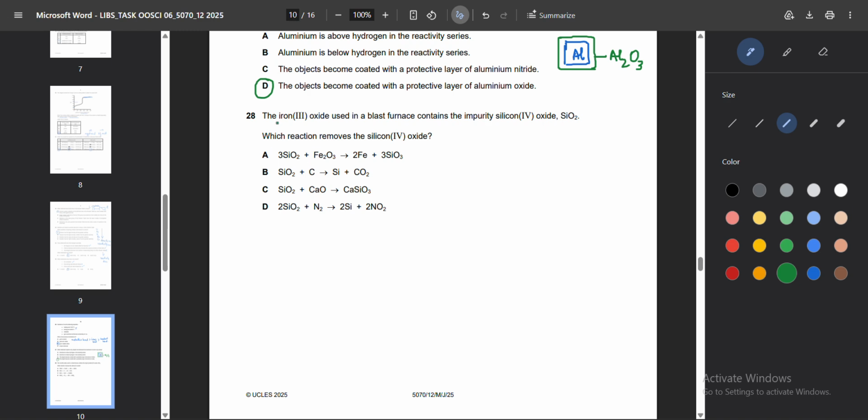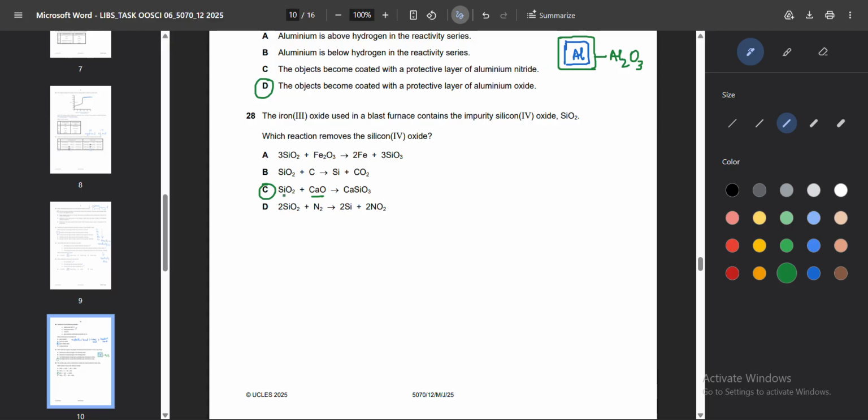Next is 28. Iron(III) oxide used in blast furnace contains impurity silicon(IV) oxide. Which reaction removes silicon oxide? Now we add calcium oxide to remove silicon dioxide. So this is the correct one.